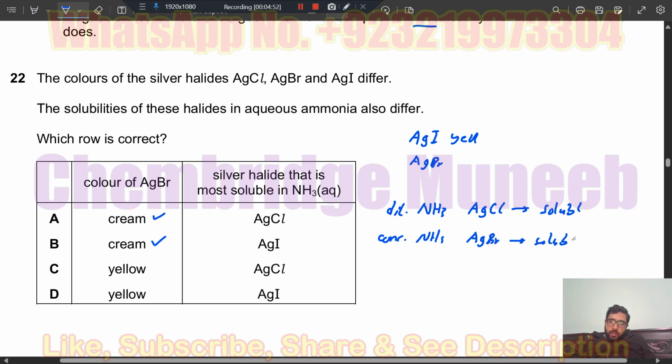So it indicates that solubility is decreasing accordingly. And when we add concentrated ammonia to AgI, it isn't soluble; it remains insoluble. So according to this, the most soluble, comparing AgI versus AgCl, is AgCl, since it can even dissolve in dilute ammonia. So option A becomes the correct answer.